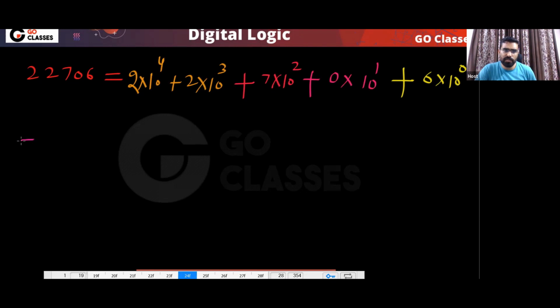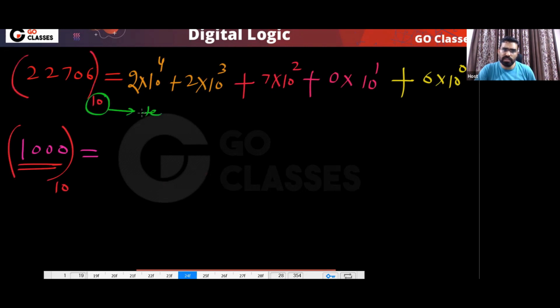In the decimal system, for example, if I give you 1000, what will it become? Remember, this number is in the decimal system. This tells us the number system. So we are using the decimal number system, so I am using 10 here. It means, how many ones do you have, like 10 power 0? 0 ones.